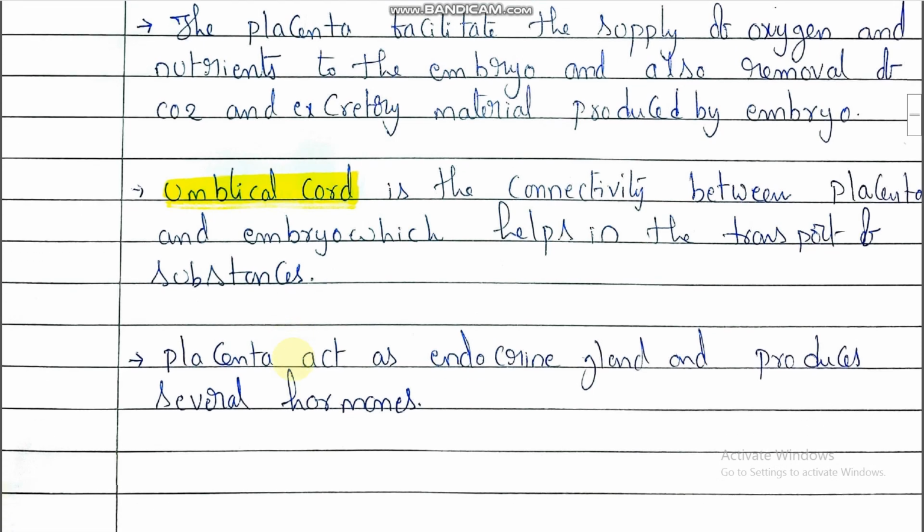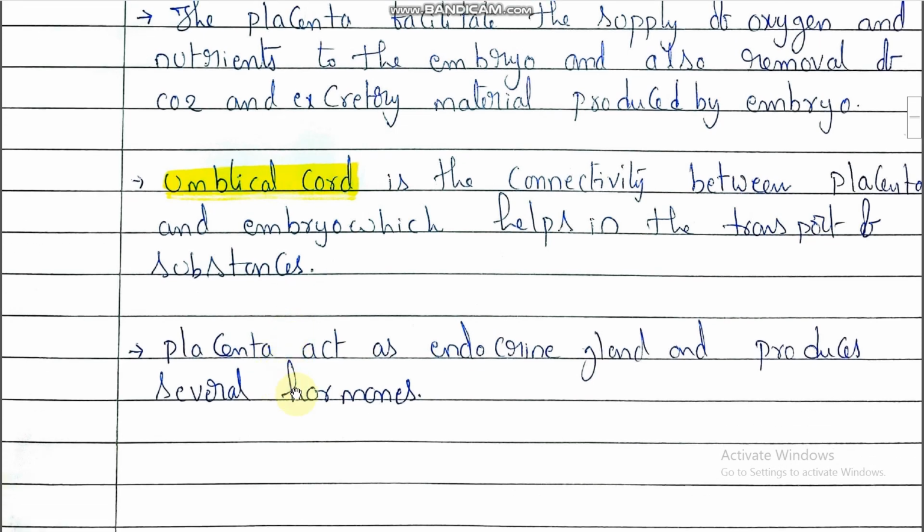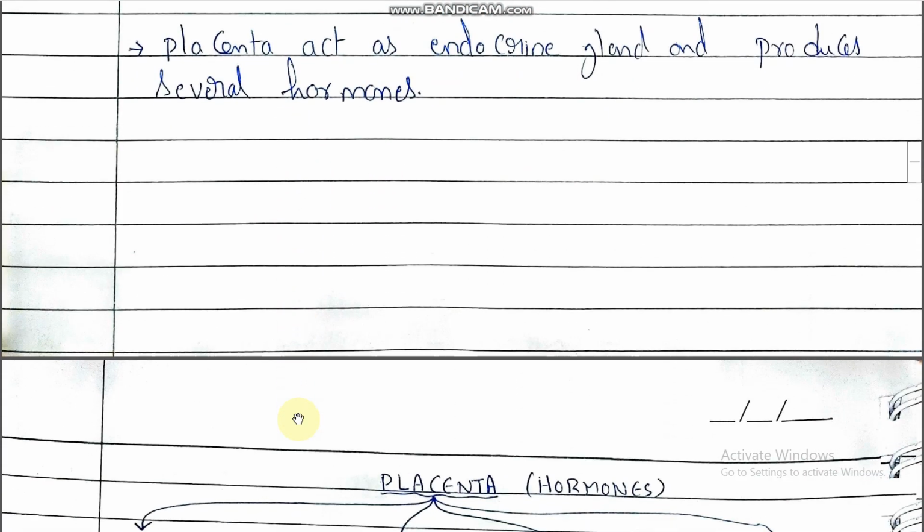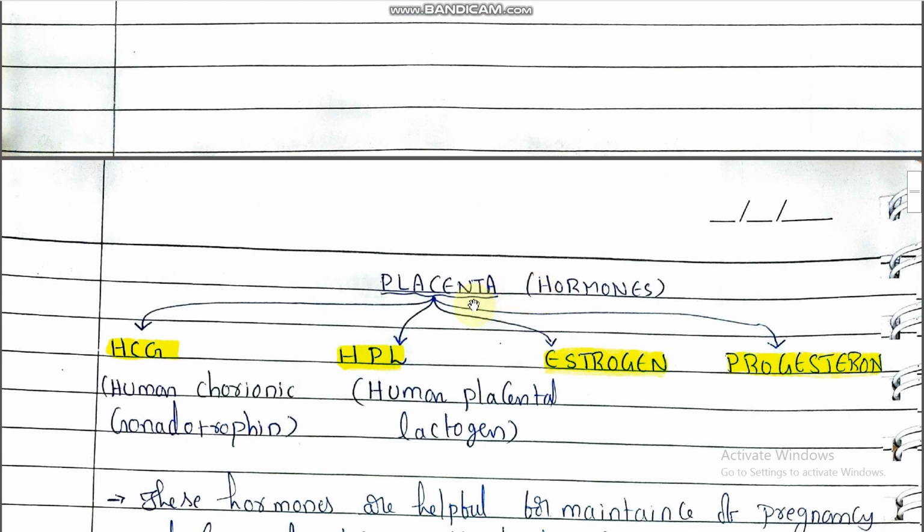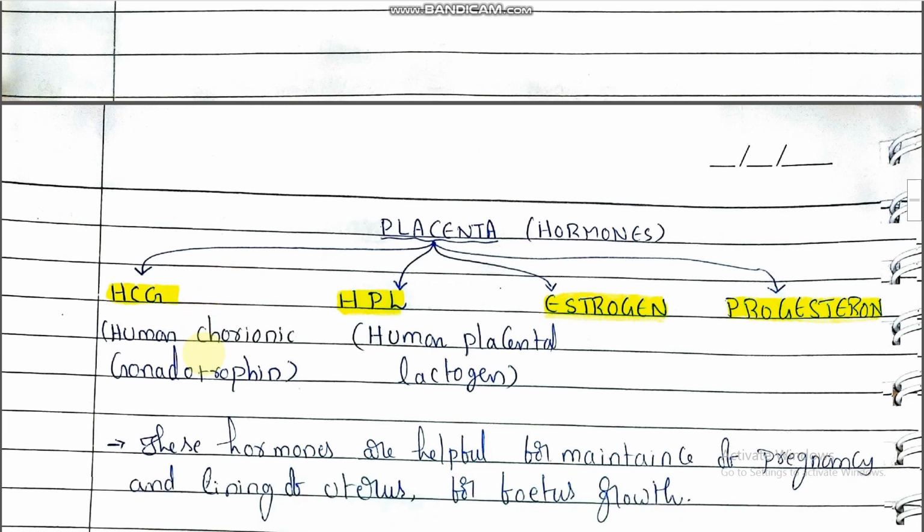So let us discuss the placental hormones, the hormones secreted from the placenta, and their functions. The placenta acts as an endocrine gland and secretes different types of hormones. Which hormones are released from the placenta? The placenta releases four different hormones, majorly HCG, HPL, estrogen and progesterone.